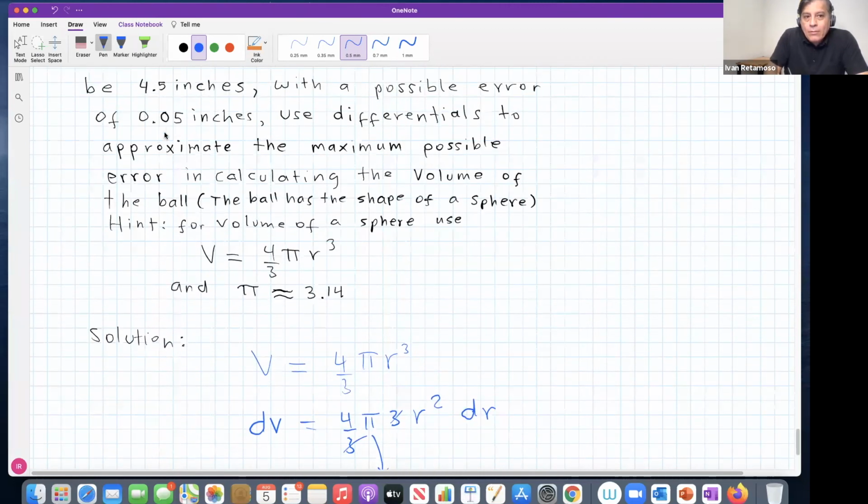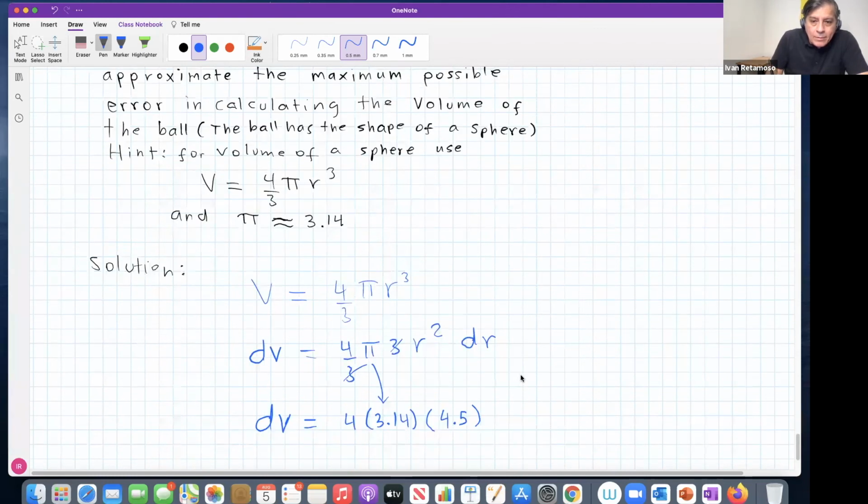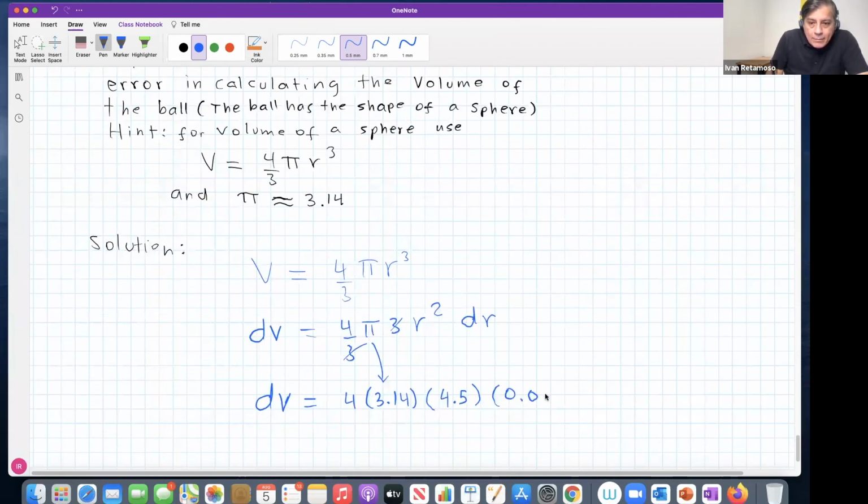That error is 0.05 inches, and it is small compared to the radius. Professor, why do you say that? Well, relatively speaking, 0.05 compared to 4.5 inches is small, so it makes sense to use these differentials. So 0.05 goes here.